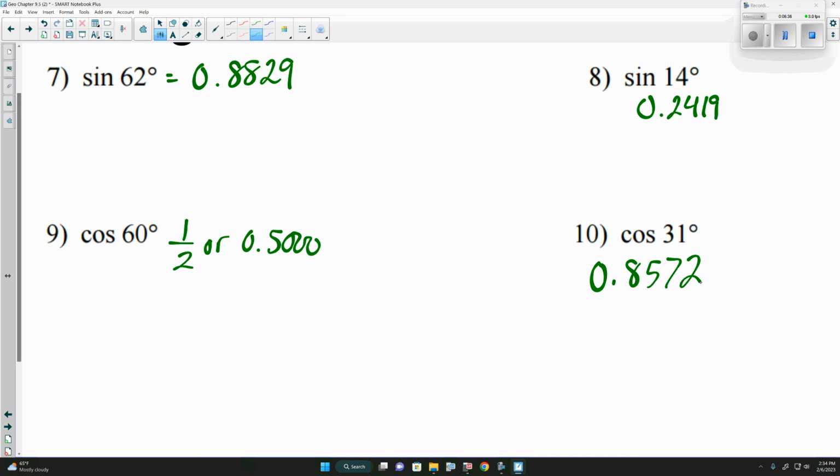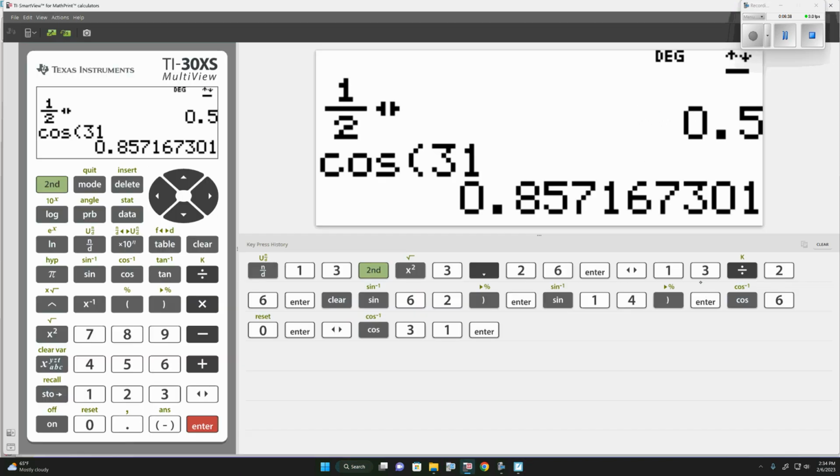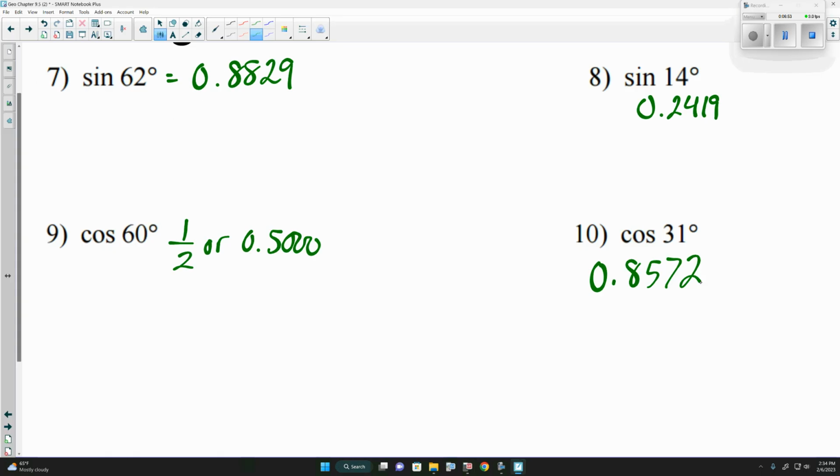If the number after it's 5 or greater, we round to the one it's closest to. So 1/6 is closer to 2 than it is to 0. So 0.8572 if we round it. But sine, cosine, and tangent of a given angle actually does have a value.